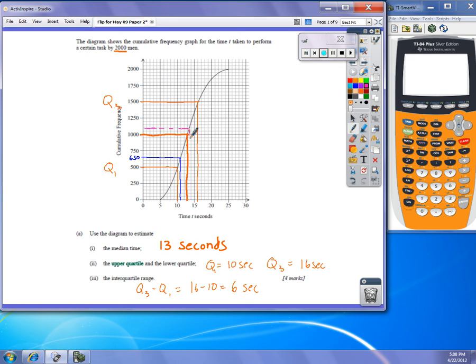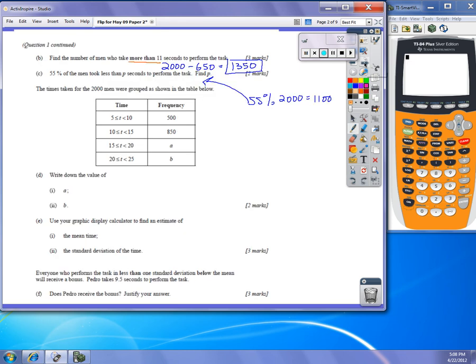And this isn't exactly on a line, so I'm going to have to estimate that. Looks to me like that's at about, let's guess 13 and a half. And that's what the answer key says, so we're going to go with that. 13 and a half seconds would be p.